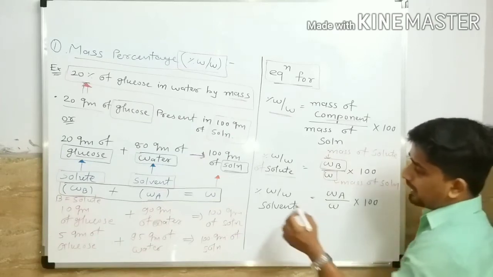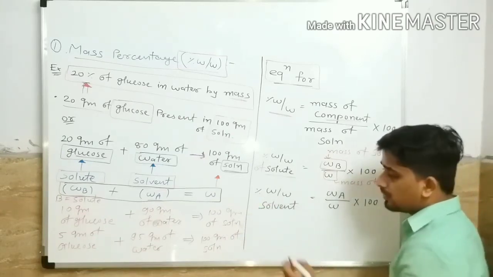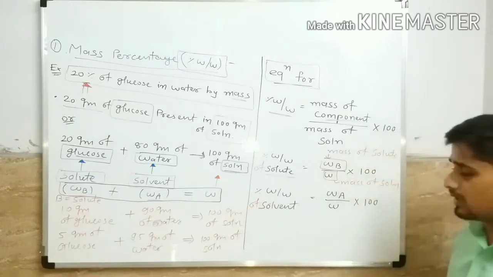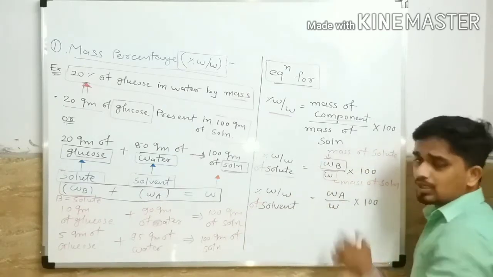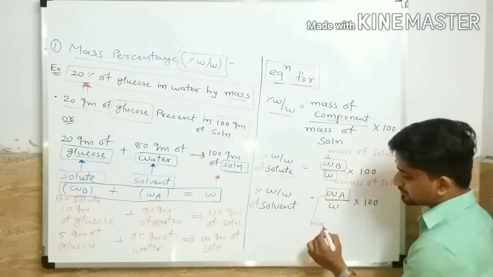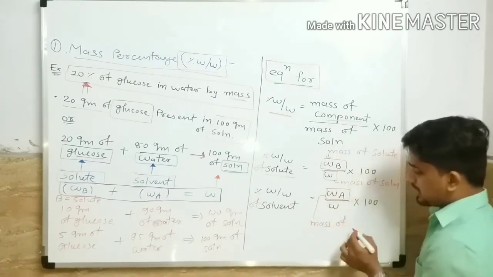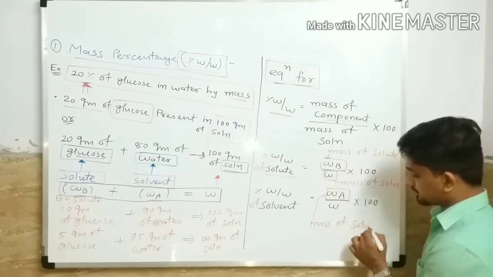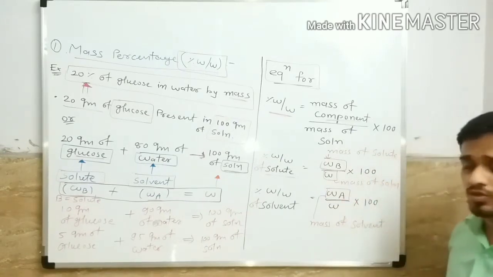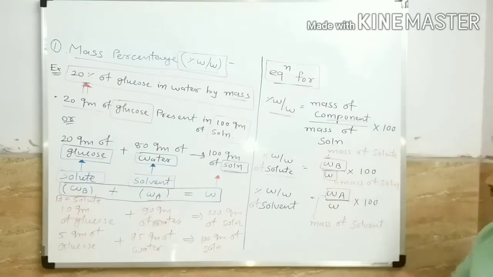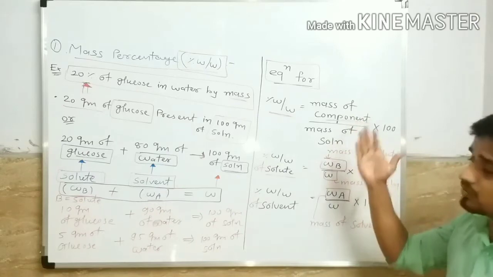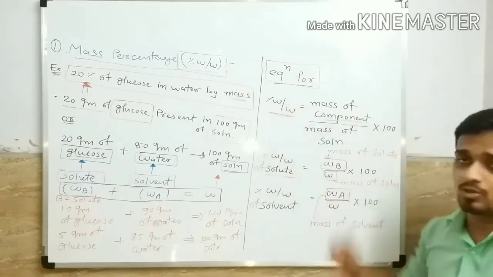And if you have to find percentage W by W of a solvent, then in the numerator you take WA, which is the mass of a solvent, and W is the mass of the solution, into 100. Now you understand which component we have to find the mass percentage W by W of.